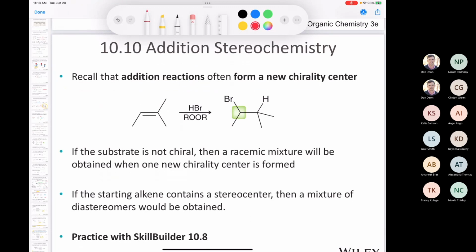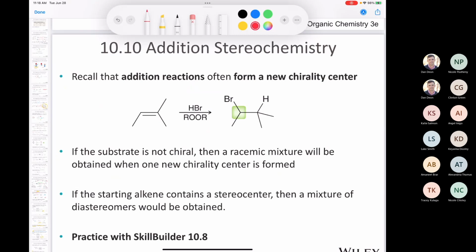Now, what about the stereochemistry of this addition? I know students sometimes will roll their eyes when they hear the word stereochemistry, but bear with me. I don't think it's that complex, because what happens is that we end up forming a carbon radical, and we talked about the molecular geometry of carbon radicals yesterday.